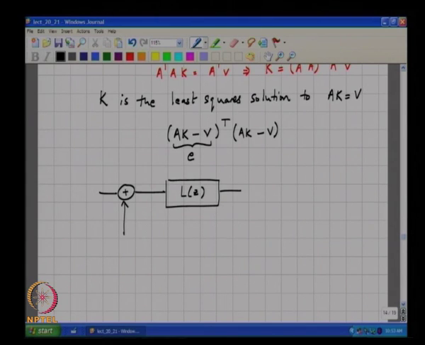K1 is the gain for the DC part, K2 is the gain for the noise part, and E is the error, right.